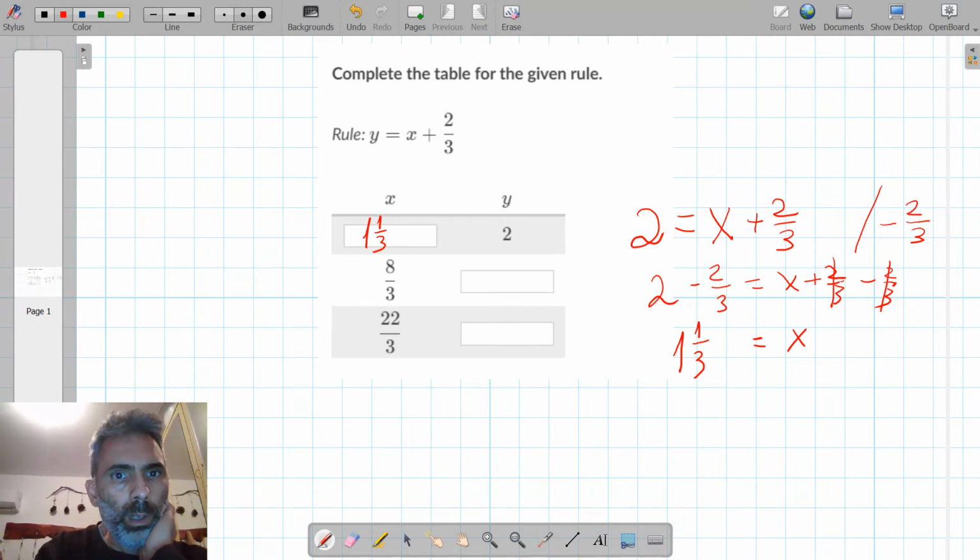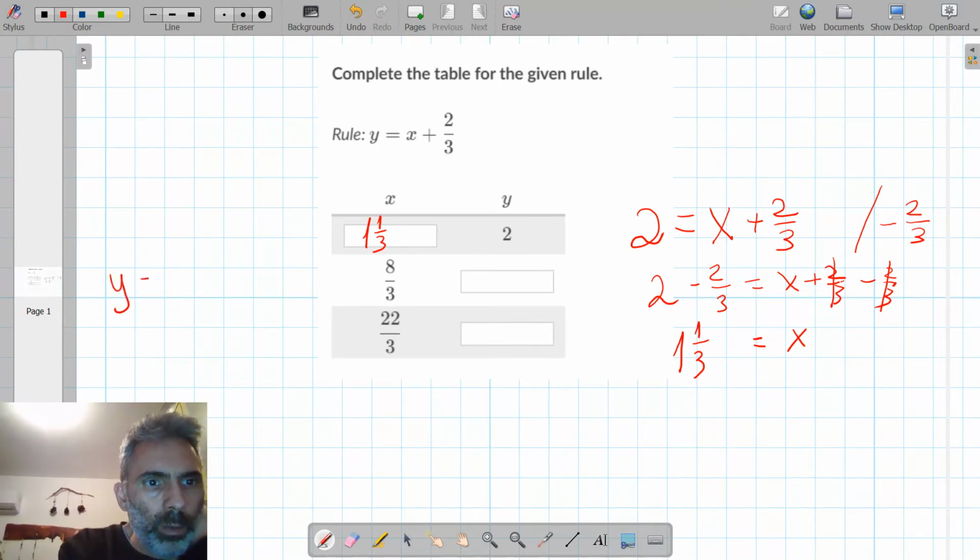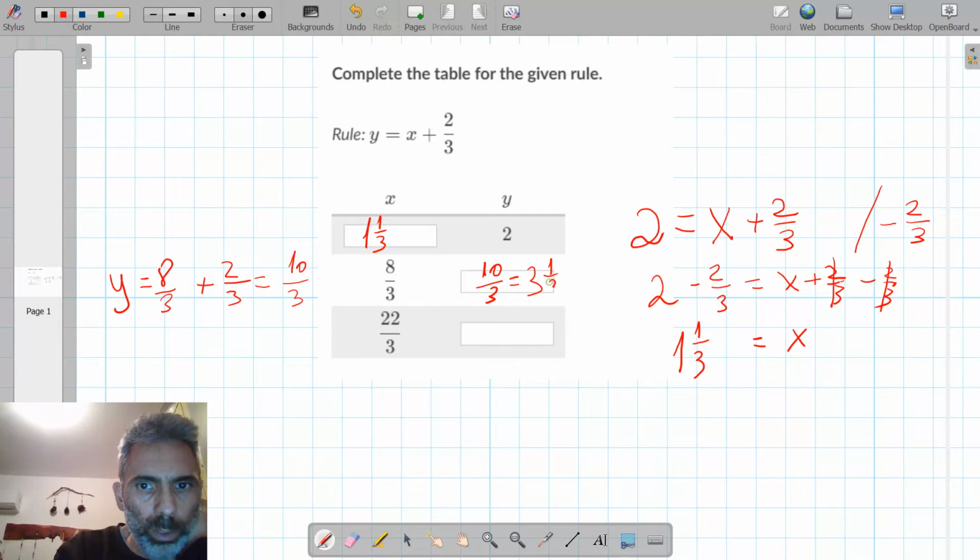If x equals 8/3, then y equals 8/3 plus 2/3, which means y equals 10/3. If we simplify this, 3 goes into 10 3 times, with a remainder of 1, which means 10 over 3 is 3 wholes and 1/3.